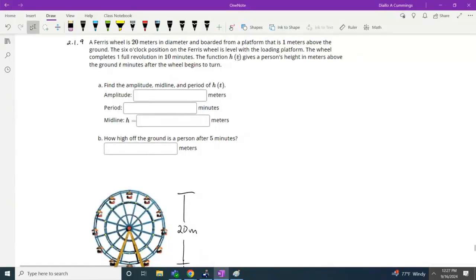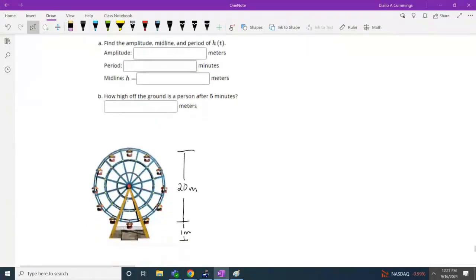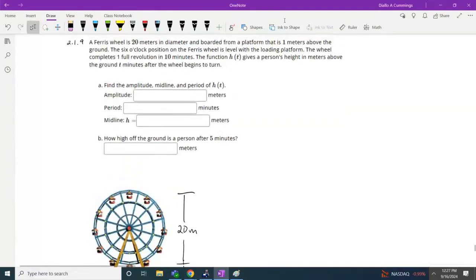It says the 6 o'clock position of the Ferris wheel is level with the loading platform, and it gives 1 full revolution in 10 minutes. So it's going to take this Ferris wheel 10 minutes to make 1 complete revolution. So that 1 complete revolution, that's also the period. The wheel completes 1 revolution in 10 minutes.